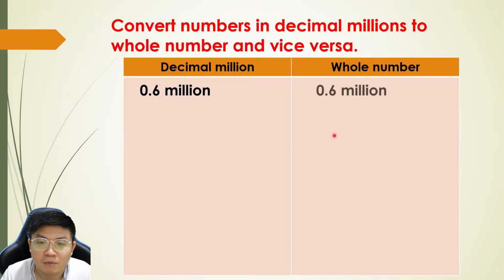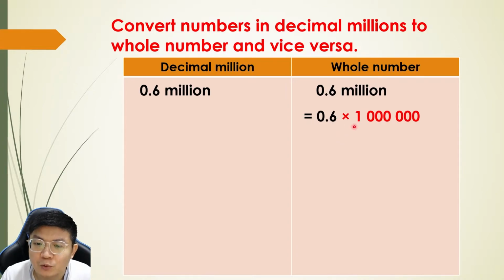Starting from 0.6 million, the next step, I'll write 0.6 times 1 million. So when you want to convert into a whole number, the word million you replace with times 1 million.